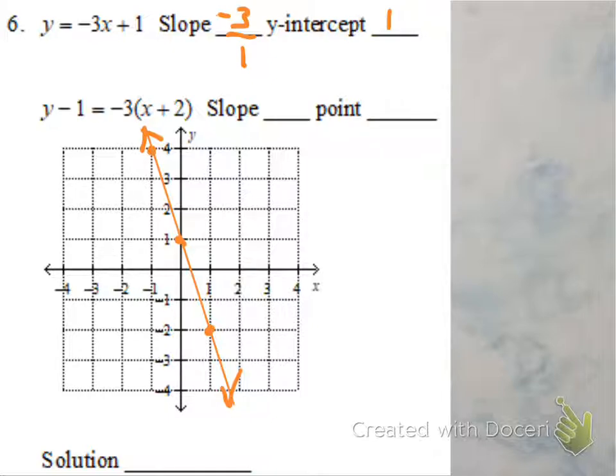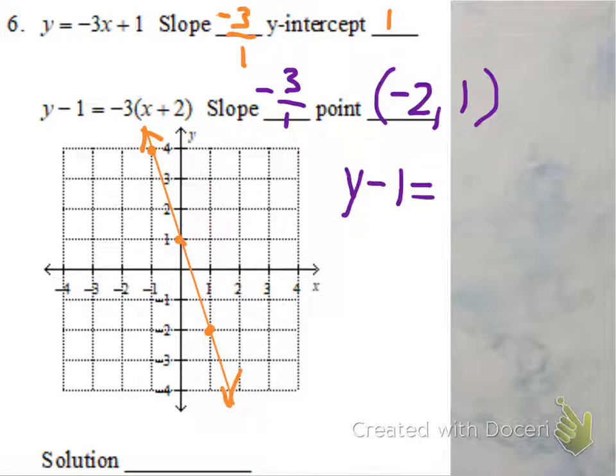Now, for the second one, our slope is -3/1, and the point in the equation is -2, 1.